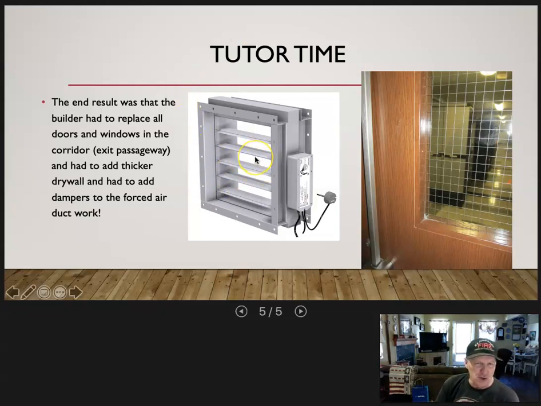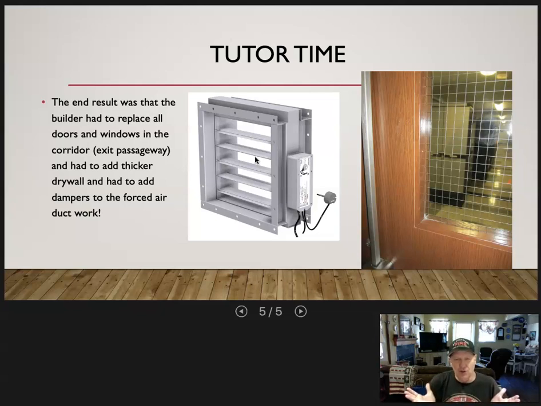See those louvers? When the fire alarm goes off, it sends a message and those louvers shut, and it keeps smoke from passing from one part of the building into the corridor so that people can escape. So this is a great example of how, and how many thousands of dollars do you think it cost?